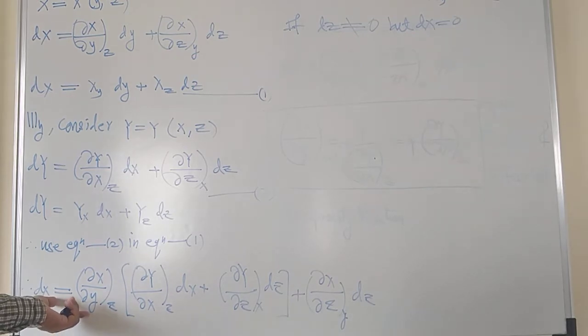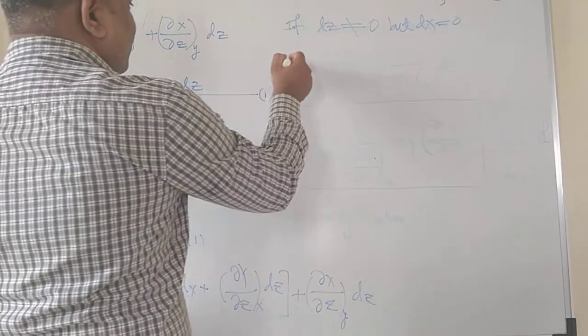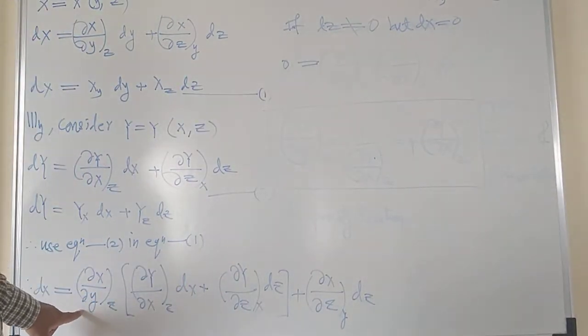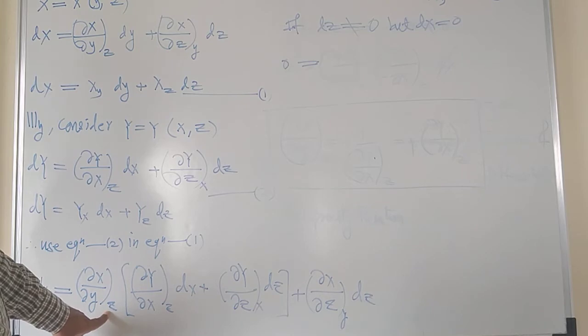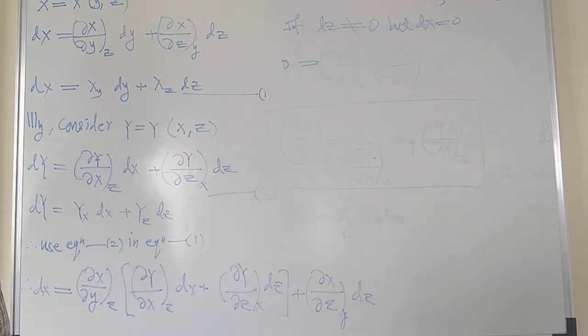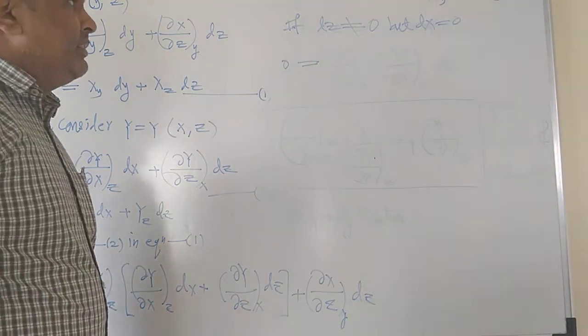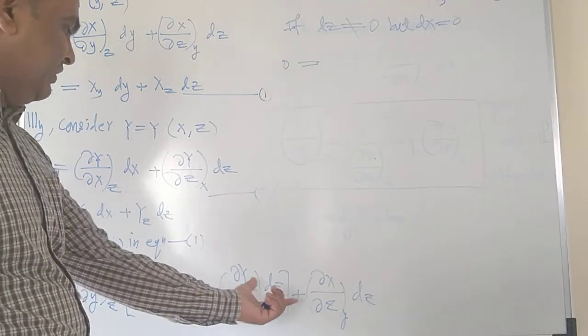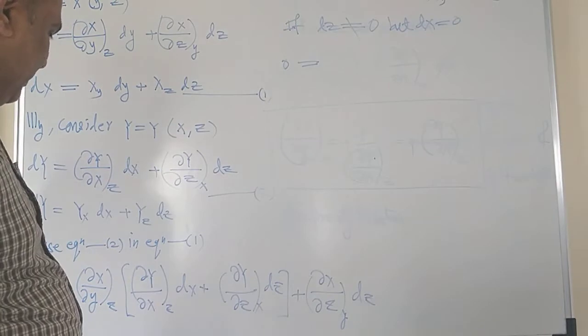If you rewrite this equation, then you will get dx equal to 0. That means 0 is equal to, now dx, dou x by dou y at constant z. Eliminate those terms whose coefficient is dx. Now dx is multiplied to the first term, and in the second term dx is not multiplied.